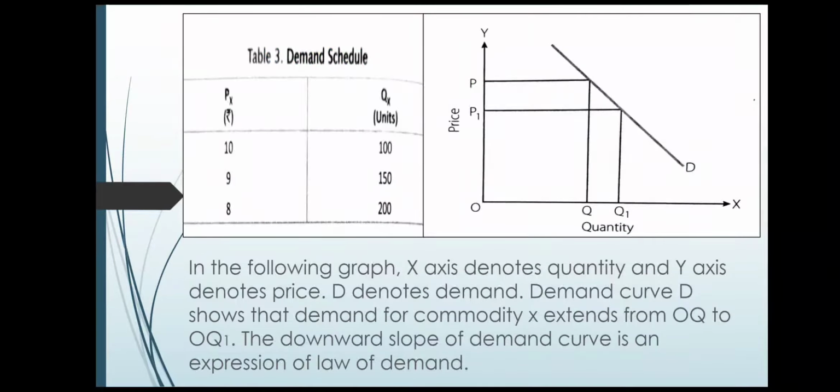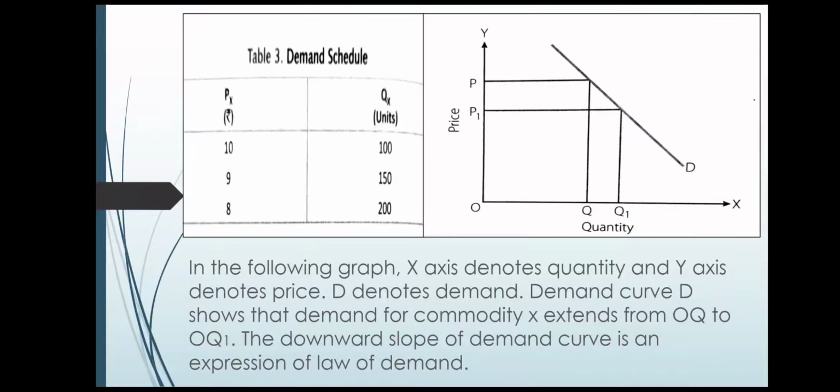So there are a schedule and a graph which are going to explain further why this law of demand has come into effect. Under this schedule, they are showing that when price is 10, quantity demanded is 100. When price reduces to rupees 9, quantity demanded increases and reaches 150 units.